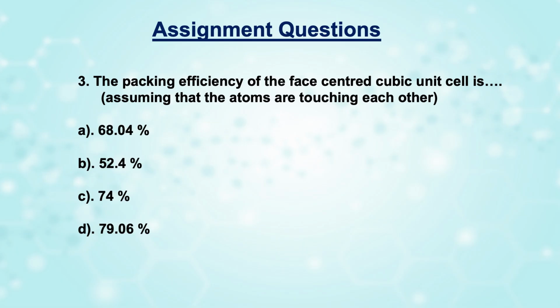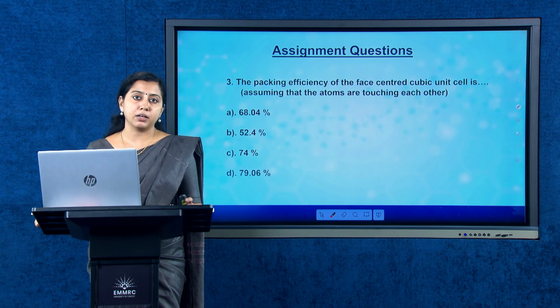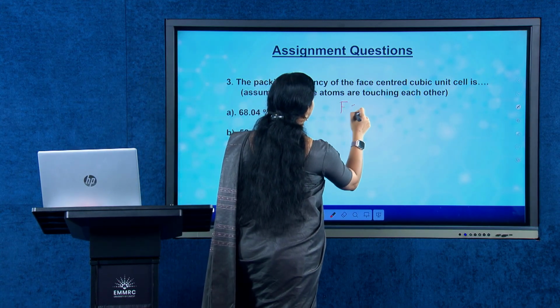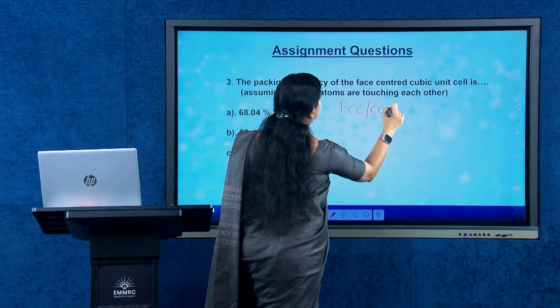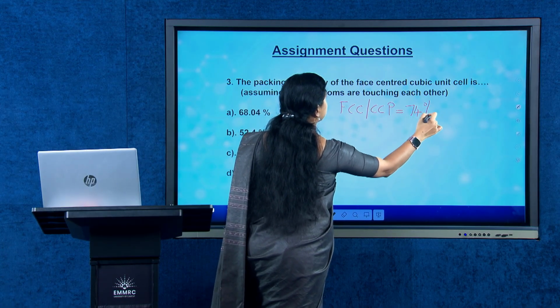The packing efficiency of the face centered cubic unit cell is, assuming that the atoms are touching each other. We have already discussed about the packing efficiencies in various structures, and we have seen that in an FCC or a CCP, the packing efficiency corresponds to 74%.